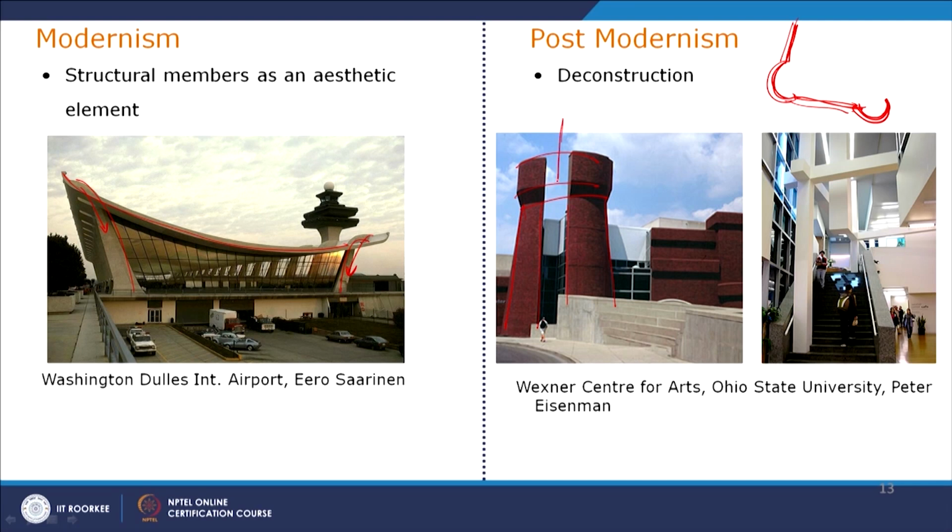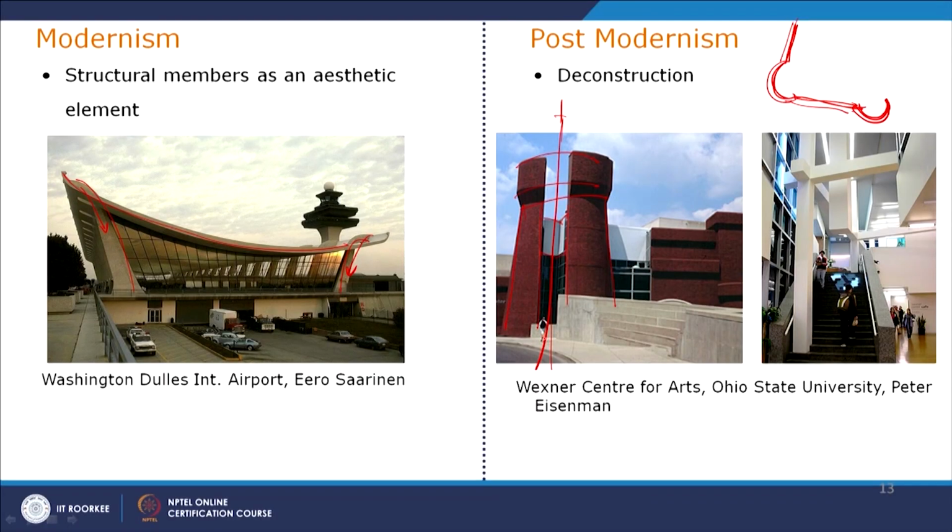Now if the bastion is broken from within, you can see another element, so it is not taking the structural load. It is just a free, gimmicky wall giving an illusion of a bastion. It is a freestanding wall, incomplete, and it cannot take the load, because the thrust will be from here. So this is the irony, in the Wexner Center for the Arts at Ohio State University, by Peter Eisenman.